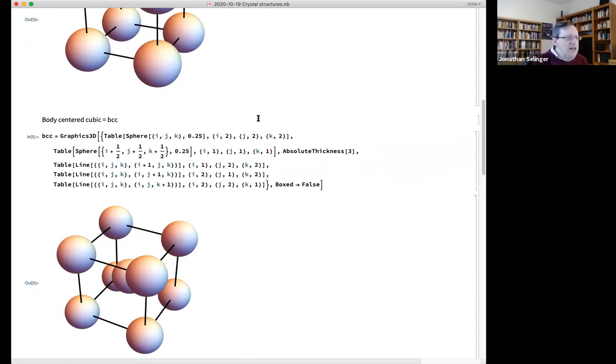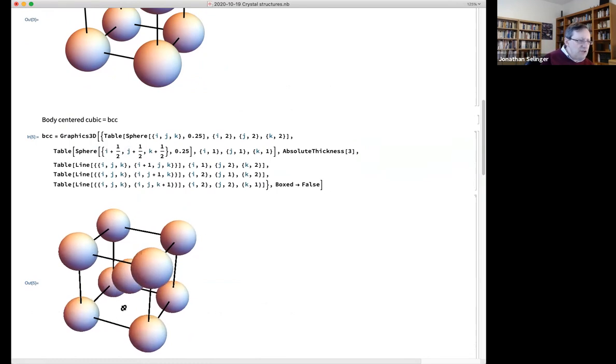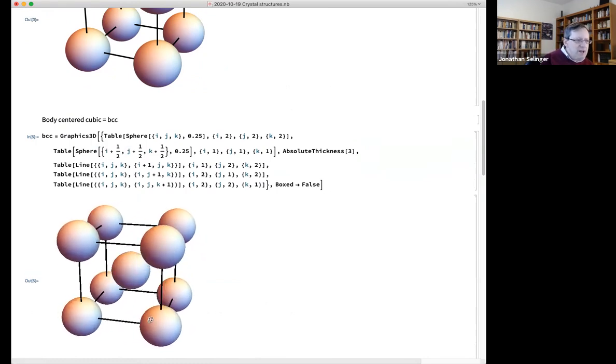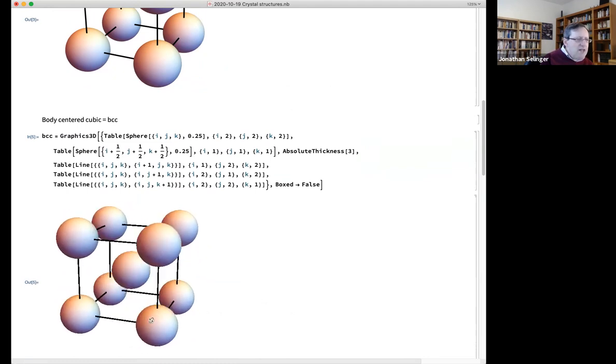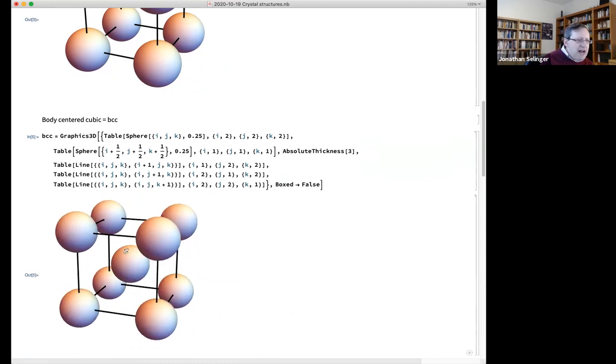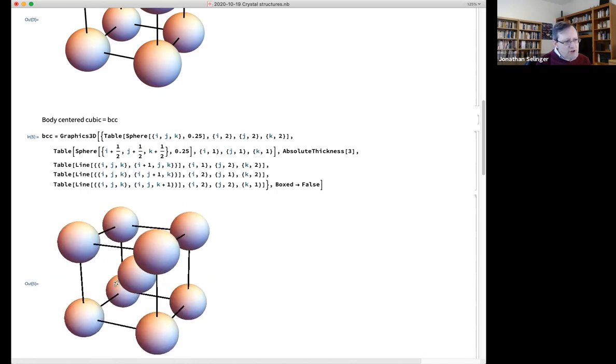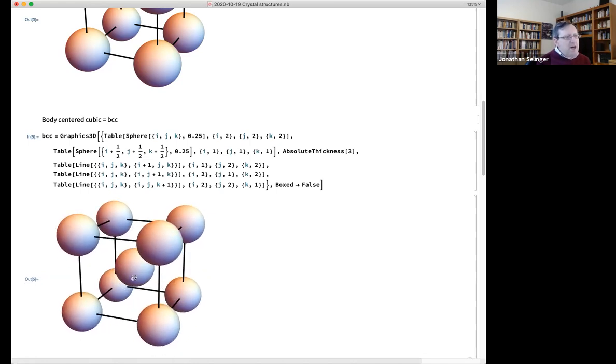So what you can see in that structure is that there is this cubic unit cell with an extra atom right at the center of the cell, right? Surrounded by the 8 atoms at the corners. Now, this whole structure keeps repeating periodically, right?